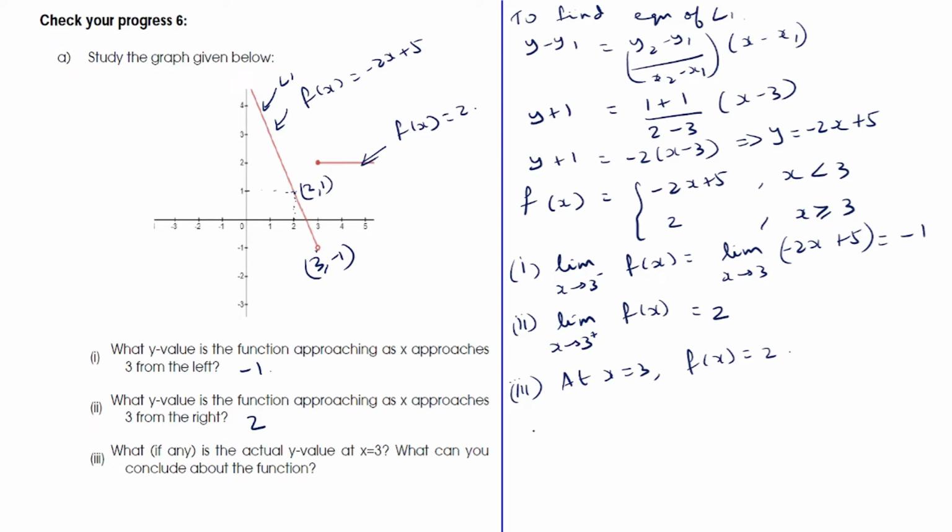Therefore the function is discontinuous. Since the left hand limit at 3 is not equal to the right hand limit at 3, f of x is discontinuous, and x equal to 3 is a point of discontinuity.